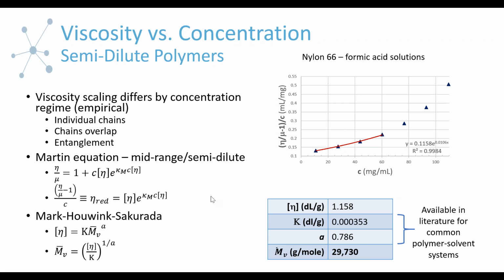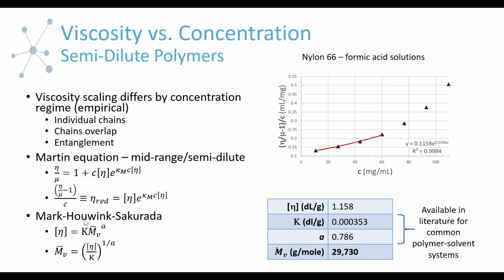So from that, we could get the intrinsic viscosity, which is in the table here and is clear from the model fit on the plot. Now we take that value, and because nylon 6,6 in formic acid has been studied somewhat extensively, you can easily find values for the equation that relates the intrinsic viscosity to the viscosity average molecular weight.